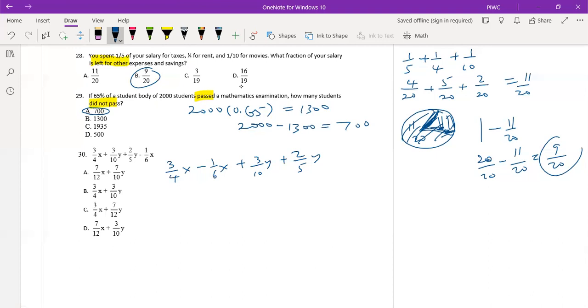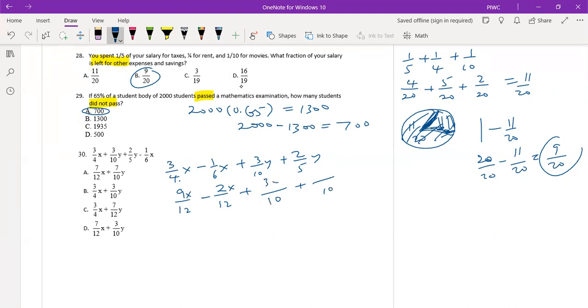So for the x, LCD will be 12. So this is times 3, so I multiply by 3, so that'll be 9x. 6 times 2 is 12, so I'm multiplying by 2, so it's 2x here. Plus, for the y, LCD is 10.